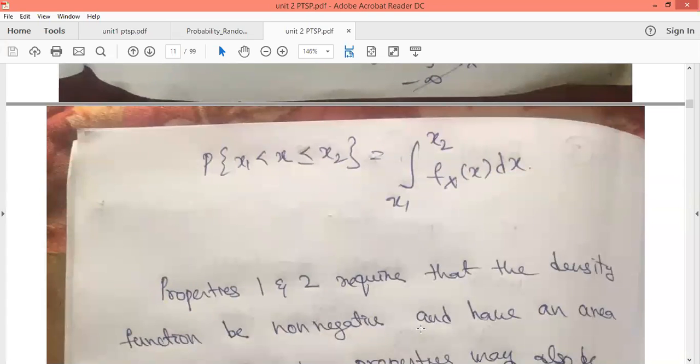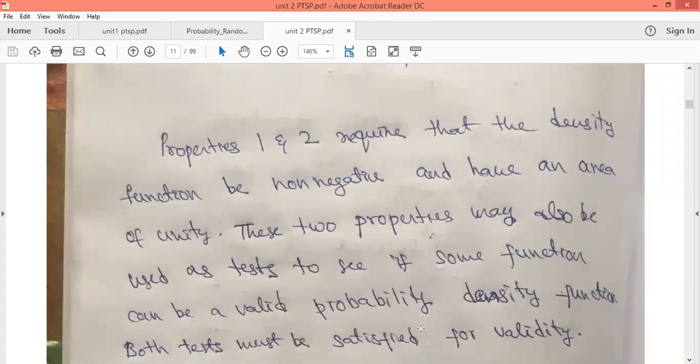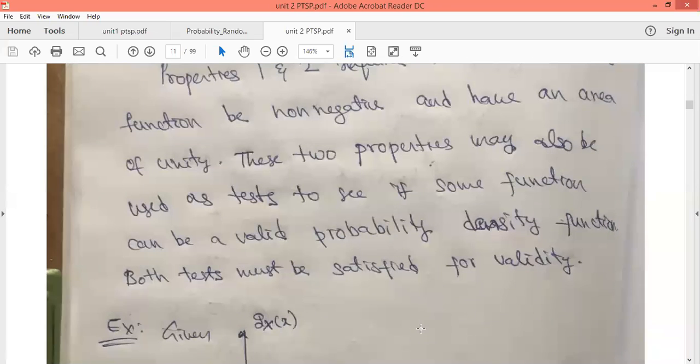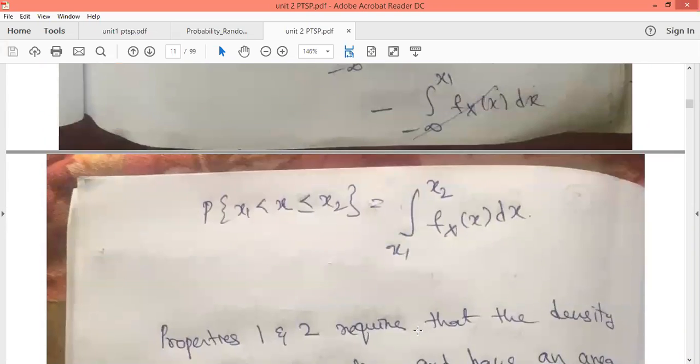So from this, if you want to check whether any function is a density function or not, we use properties 1 and 2. If properties 1 and 2 are true, then we say that the given function is a valid density function.